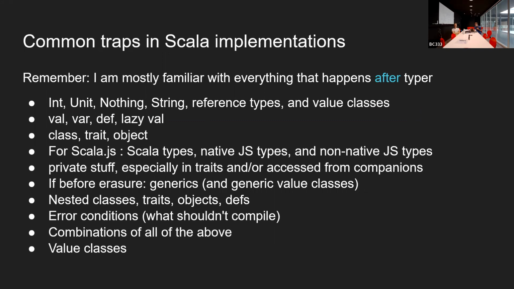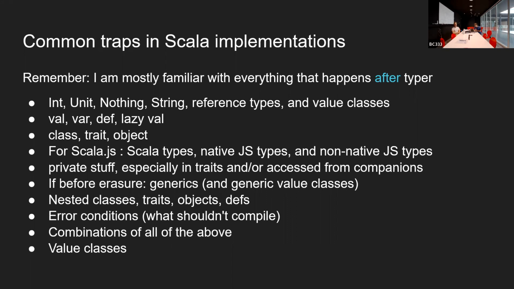So getting really into the specifics of a Scala implementation, this is a list of things that I encounter very often, and where the difference between one to the other will make the code break. So they're usually good candidates to really break code.